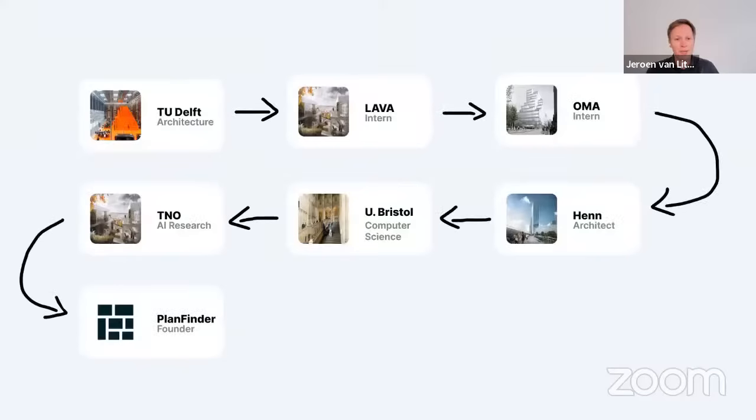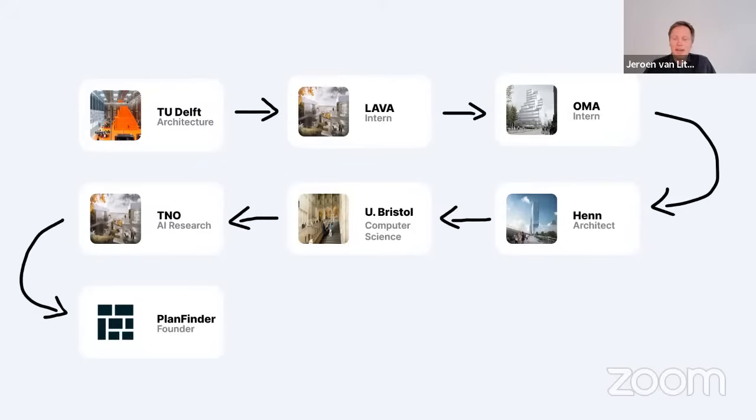So my background, well, first of all, hello everyone. I'm indeed Jeroen van Lith. It's very difficult to pronounce, so thanks mom and dad, but it's a Dutch name. I'm born and raised in the Netherlands, and I've studied architecture in the Netherlands as well. So I studied architecture at TU Delft, and then I entered at various firms in the Netherlands and Germany.